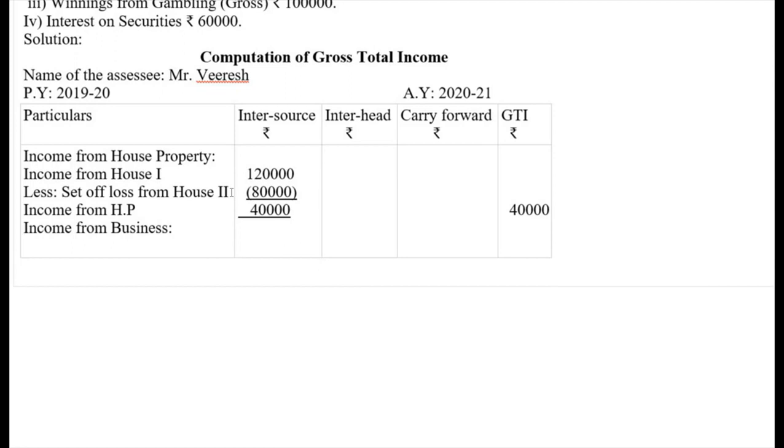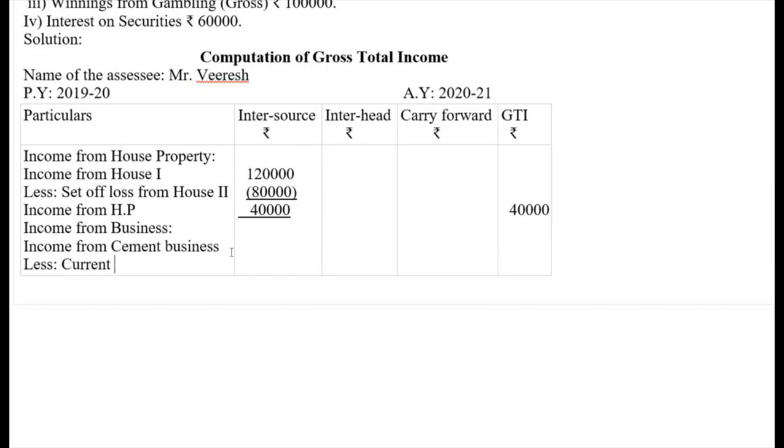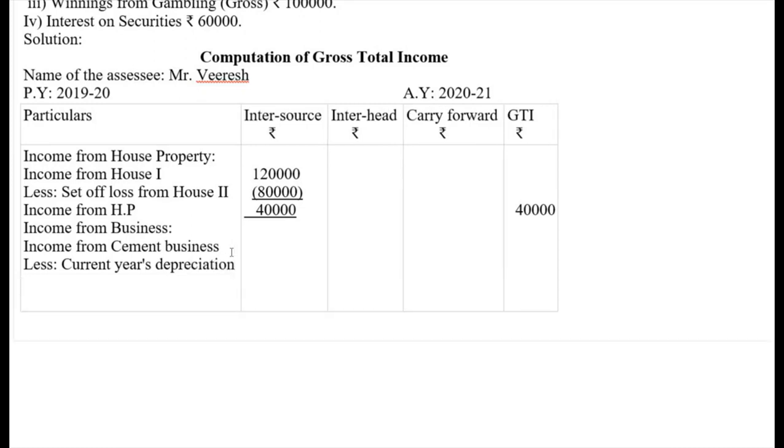So now income from cement business. So against this we can less current year's depreciation, less set off of brought forward loss.